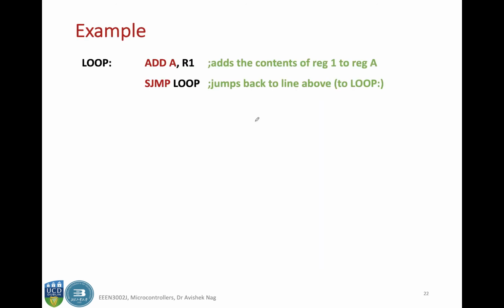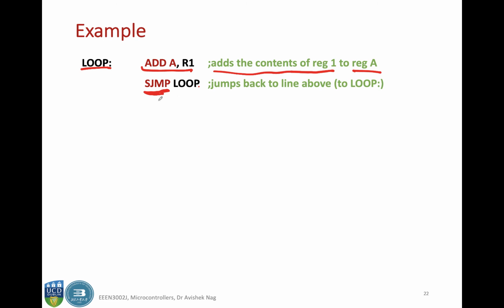So let's say you can label this line as loop. Okay, so basically this line is adding the contents of register 1 to register A, or the accumulator, and then you want to keep doing it. Okay, so you use an instruction called SJMP, or short jump, and then you keep doing this.